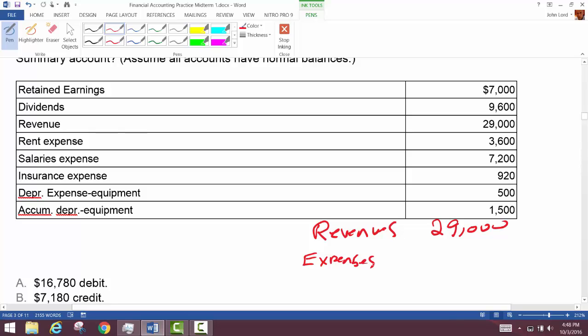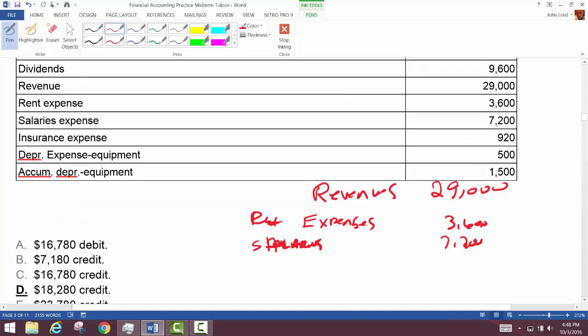Our expenses are going to be what, 3,600 for rent? I guess I'll write them. Rent expense, 3,600. What else? Salaries, 7,200? Okay. What else? We got insurance.